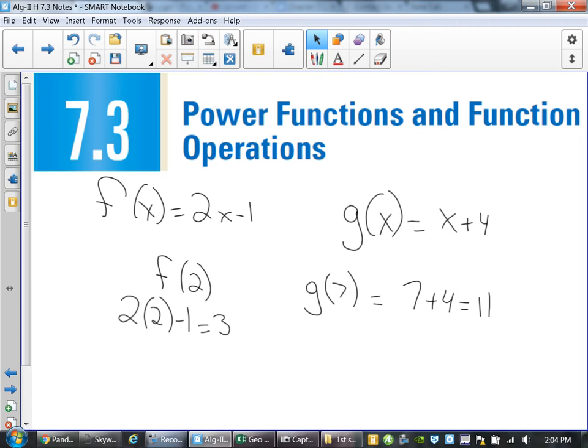Now, yes, sir. How come it's equal to 3? 2 times 2 is 4, minus 1 is 3. I understand.